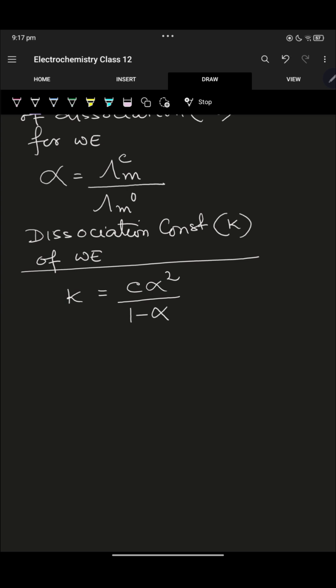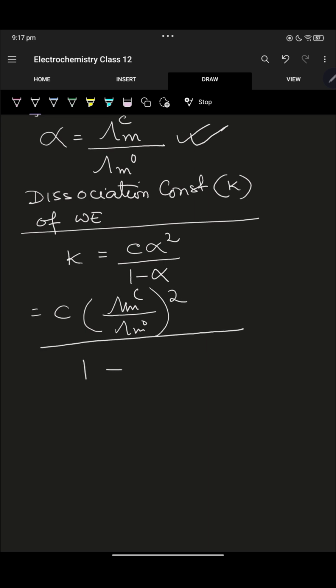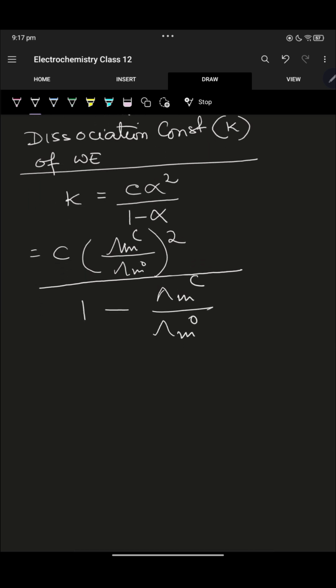And we know alpha is equal to lambda m at concentration C by lambda m naught. So you can just substitute it: K is C into lambda m at concentration C by lambda m naught, whole square, divided by 1 minus lambda m C by lambda m naught.